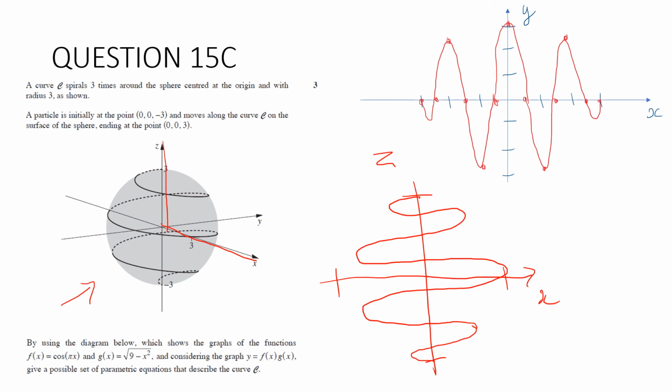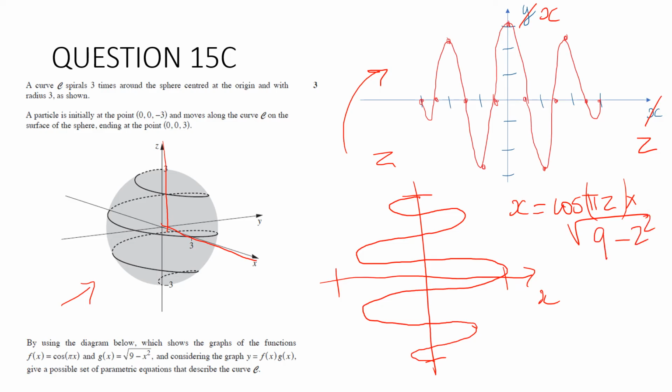And it looks really similar to this graph, except that this is z and this is x. So we can say that x is going to be equal to cos pi z times by the square root of 9 minus z squared. But we're going to let z equal t, and so x will equal cos pi t square root of 9 minus t squared.